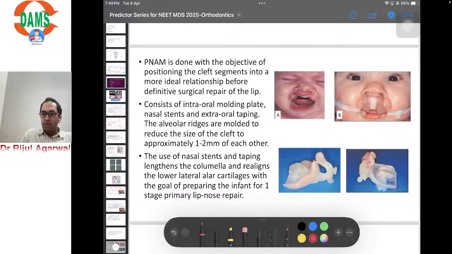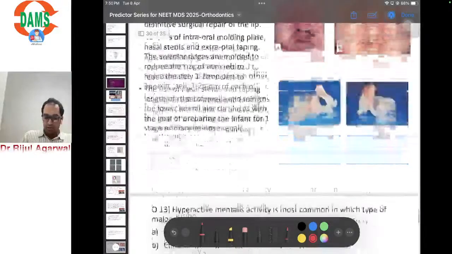Earlier these topics were sort of ignored when we used to teach. Now we cannot, they are more important than the traditional ones which we are teaching. So do not ignore them, be it orthognathic surgery or cleft lip and palate, they are very very important. PNAM is done with the objective of positioning the cleft segments into ideal relationship before definite surgical repair can occur.